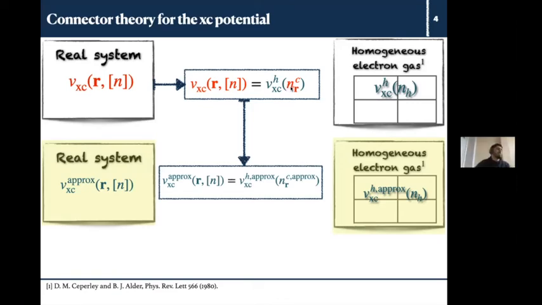To find this density, I start from this exact equation. At some particular point, the VXC of any real system is a number, and so we can choose an input density that gives this number using the VXC of the gas. We start from this equation, but then we cannot invert because we don't know this, so we have to approximate the equation.